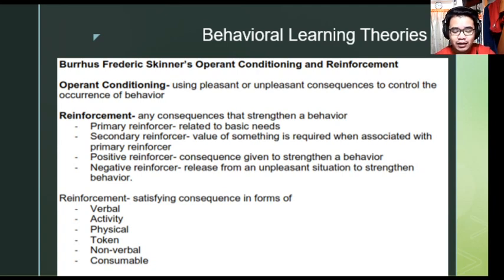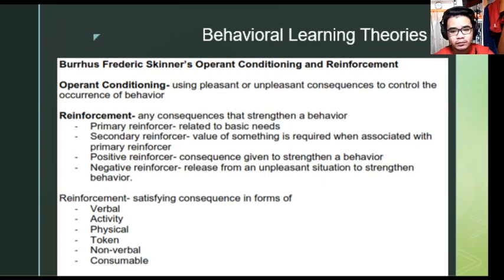So basically, operant conditioning is about reinforcement. There are different types of reinforcement: primary reinforcer, secondary reinforcer, positive reinforcer, and negative reinforcer. So a positive reinforcer is a consequence given to strengthen a behavior. A negative reinforcer is a release from an unpleasant situation to strengthen a behavior.